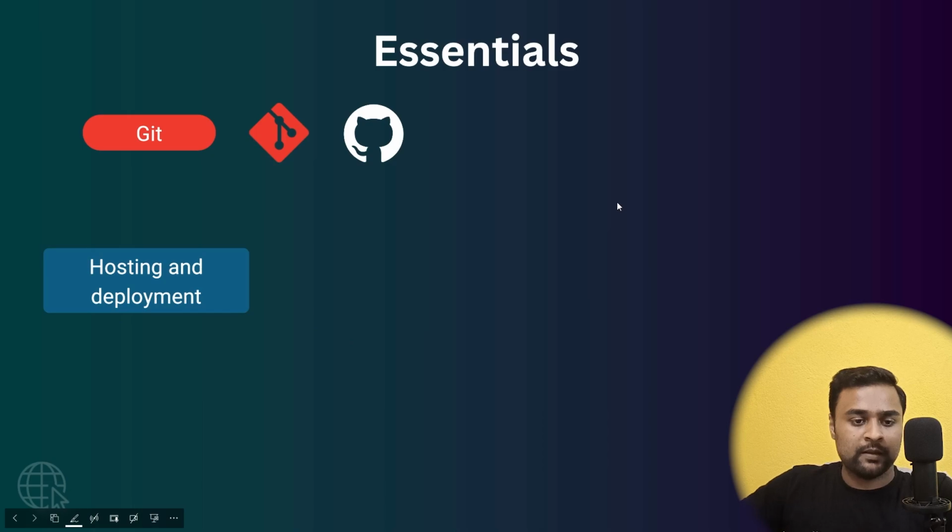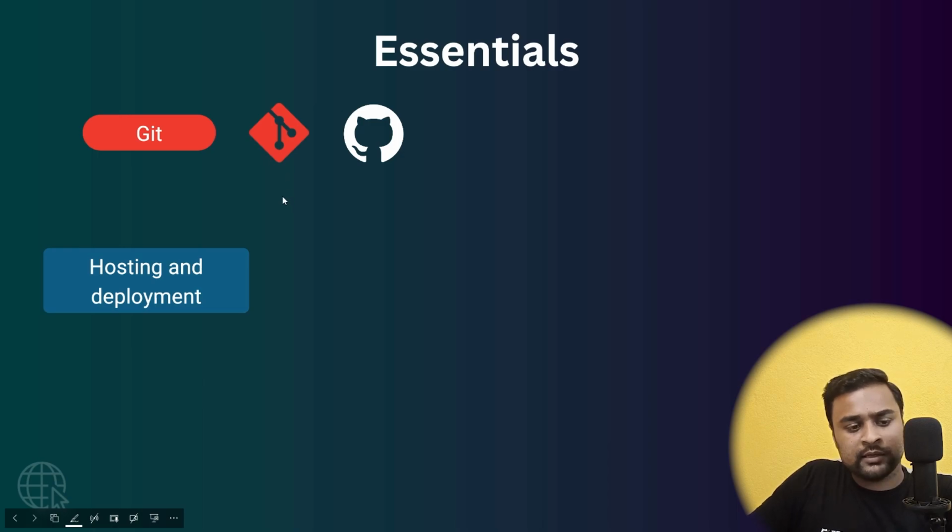So next up, I'm calling this very much essential because eventually you as a web developer won't be working alone. There will be teams, maybe your team lead will be guiding you, there will be teammates, and you have to work in a team. So if you want to work in a team environment, in that scenario you need to understand GitHub or GitLab, anything.